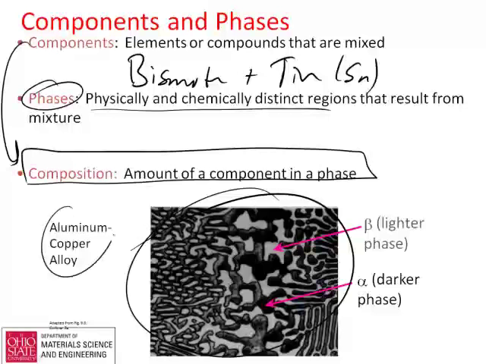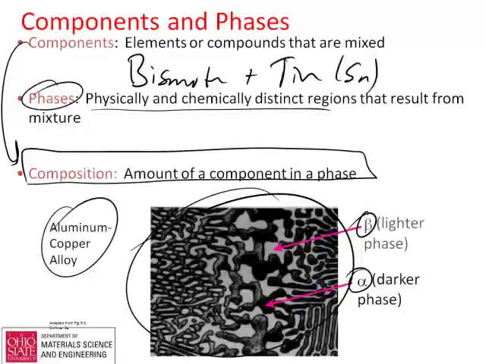So, bismuth and tin, or this is an aluminum copper alloy. Actually, it's been solidified, and you see, in this case, two regions that are interconnected. We call one phase alpha. We typically put Greek letters on these, which is probably mostly just confusing to people in high school, but that's what we tend to do. And then we name the other phase beta, the lighter stuff. You can see this is kind of what a solidification structure tends to look like. You get these fantastic structures just by the way nature happens.